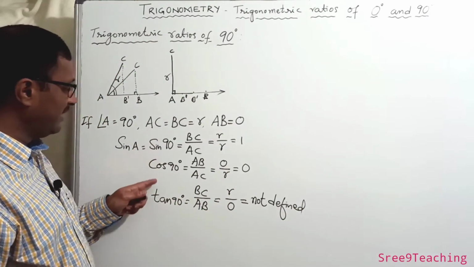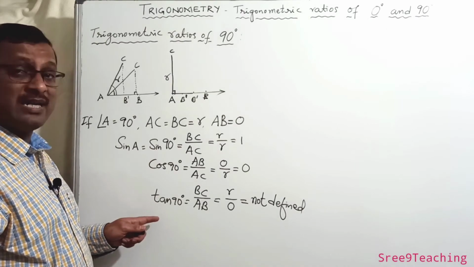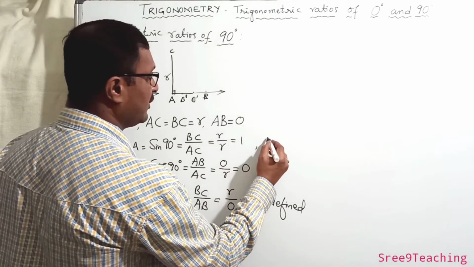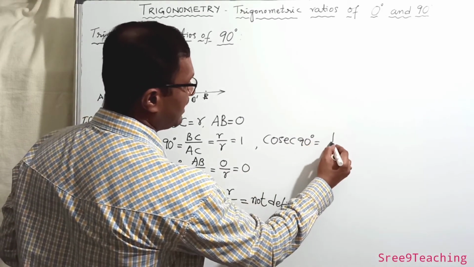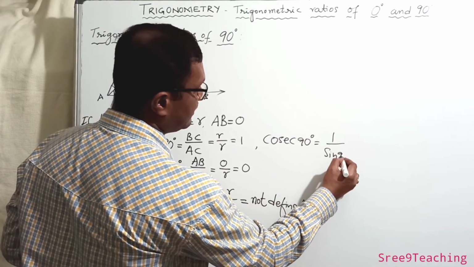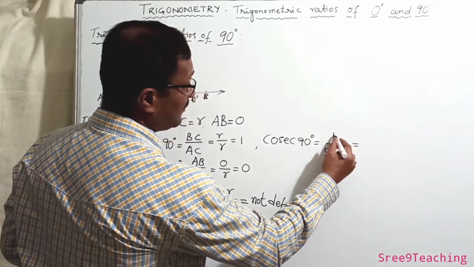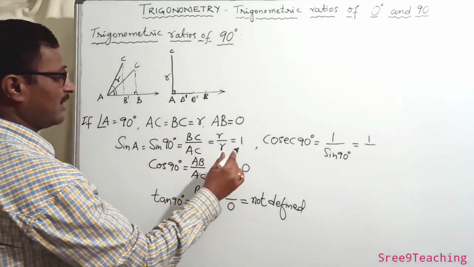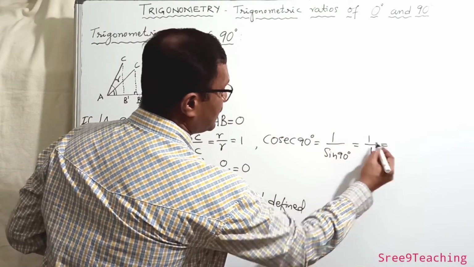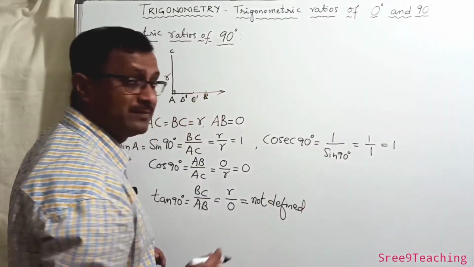So like this we find the three values. Let us find the remaining three trigonometric ratios, that is cosec 90 degrees. You know cosec 90 is nothing but the reciprocal of sin 90 degrees. Reciprocal is nothing but 1 by sin. So 1 by sin 90 degrees, how much did we get? 1 by 1. Hence cosec 90 degrees is also 1.